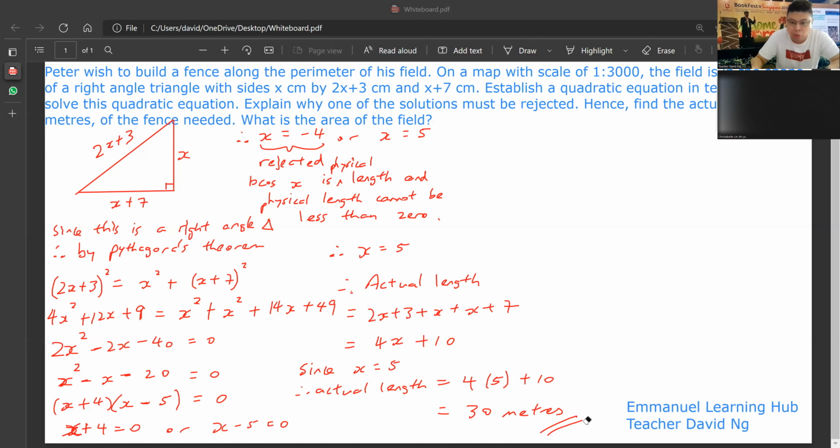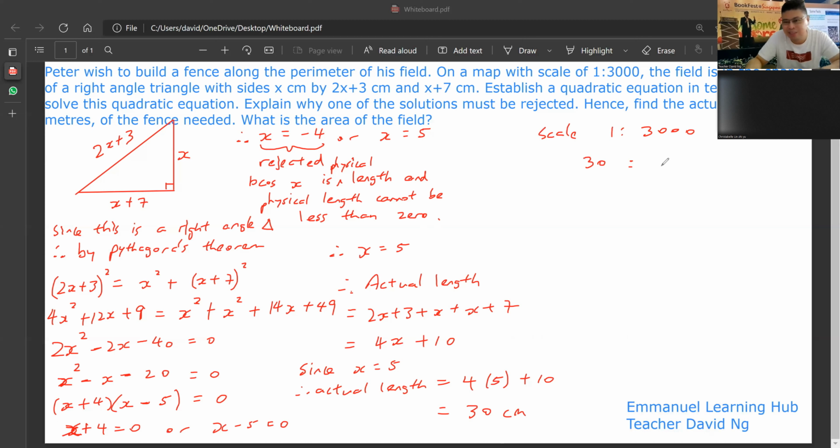Not 30 meters, you don't know. 30 cm. How come 30 cm? Because 30 cm is on the map, but they want the actual length. The scale is 1 to 3,000, so be careful. Now it's talking about length, so I don't need to square it because it's not about area.